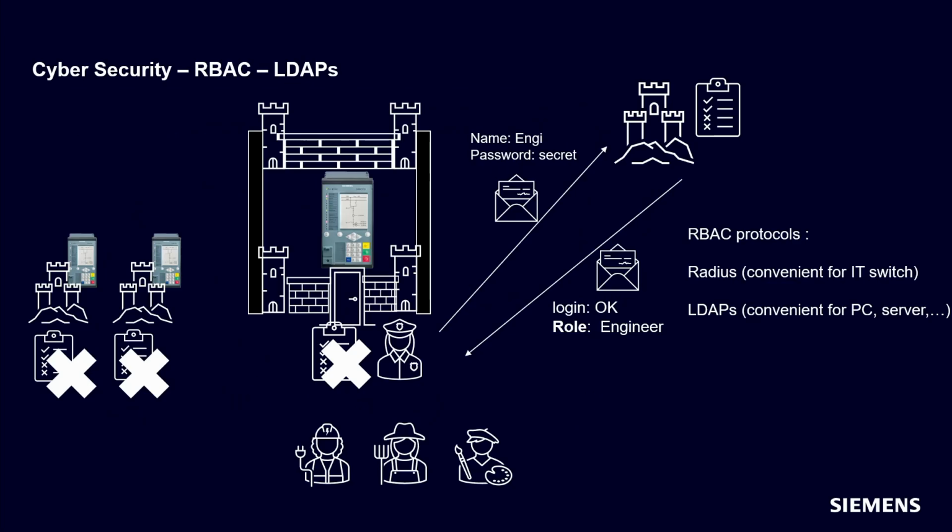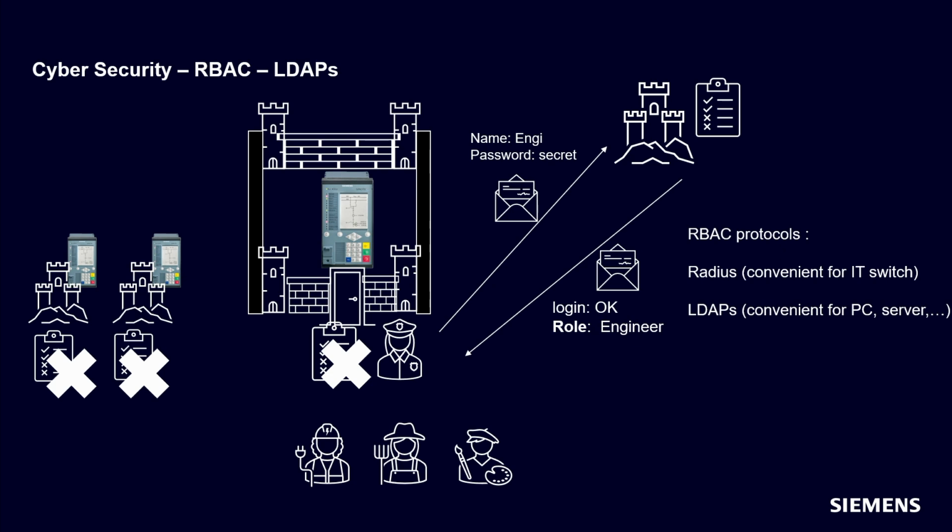The most common names for this protocol are RADIUS and LDAP. RADIUS is the most conveniently deployed protocol for small devices, traditionally IT switches, where only the user and password is encrypted in the message with pre-shared keys.